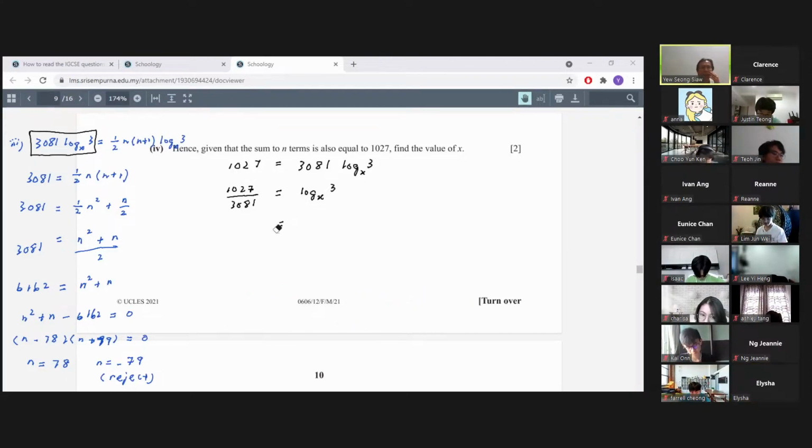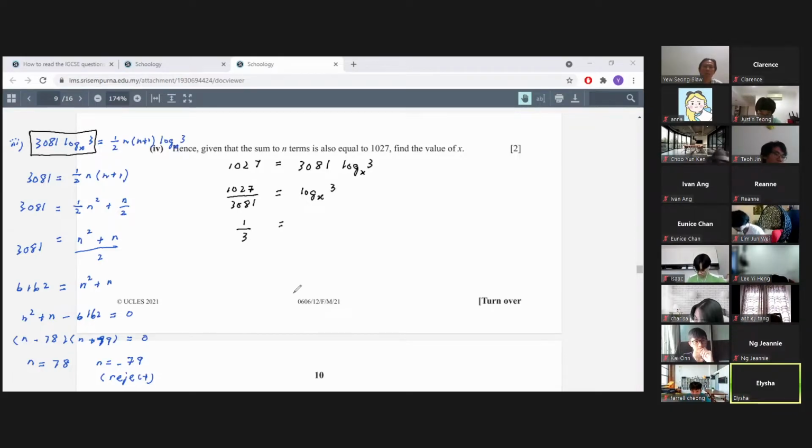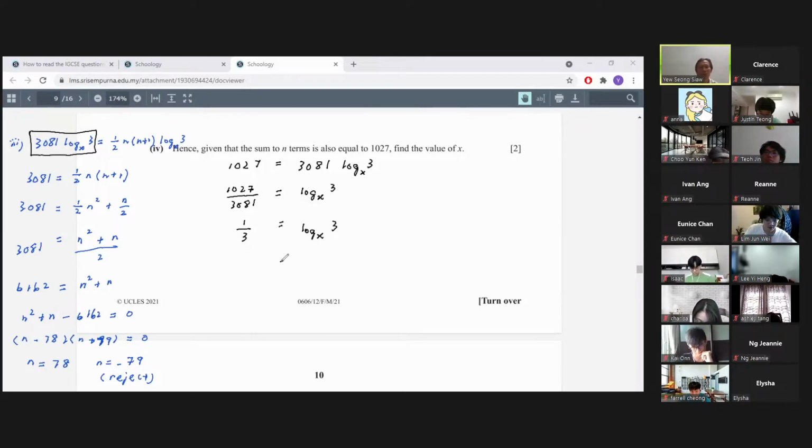Use fraction, fraction is more accurate. 0.3333. Cannot show fraction. 1/3. So how to move the x, the log?